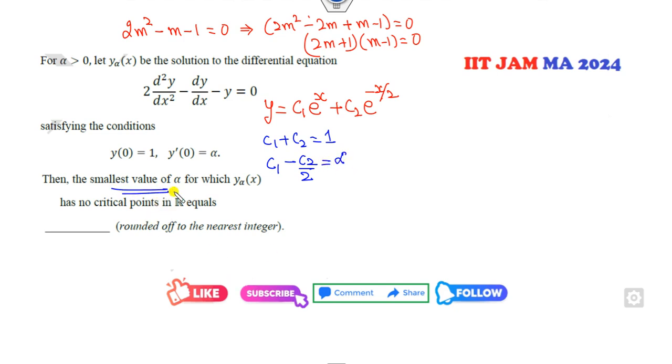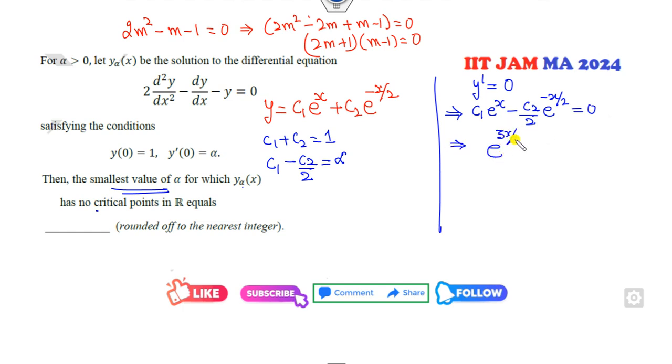The smallest value of alpha for which y has no critical point. So what is the meaning of a critical point? y dash is 0. If I substitute here, y dash is c1 e^x minus c2 over 2 e^(minus x by 2) equals 0. So I can see this is e raised to power 3x by 2 equals half c2 over c1.